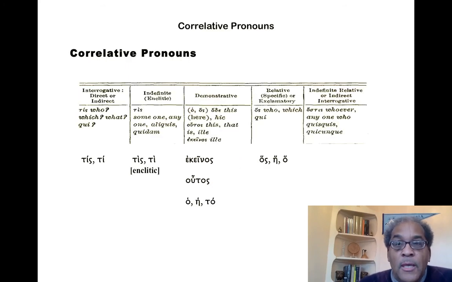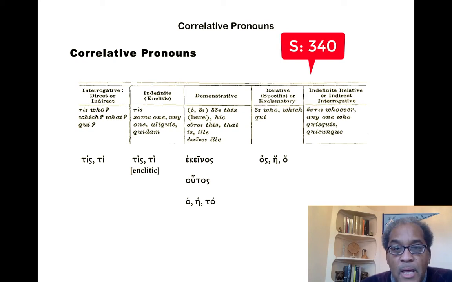Now, most important is this chart of correlative pronouns, and I should have put the section of Smyth here that these are at, but I didn't. But this chart of correlative pronouns is one of the most important charts of all in Smyth, and I wanted to show how the pronouns that we've seen so far fit on this first line.